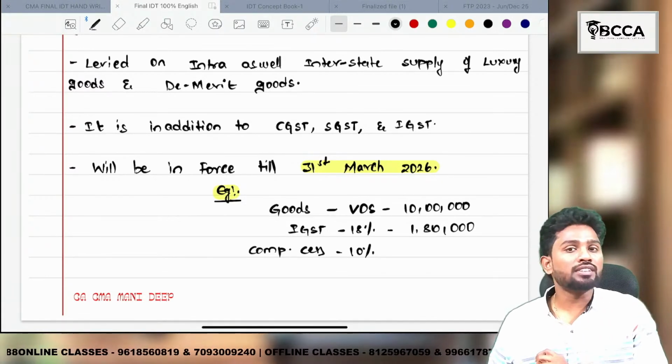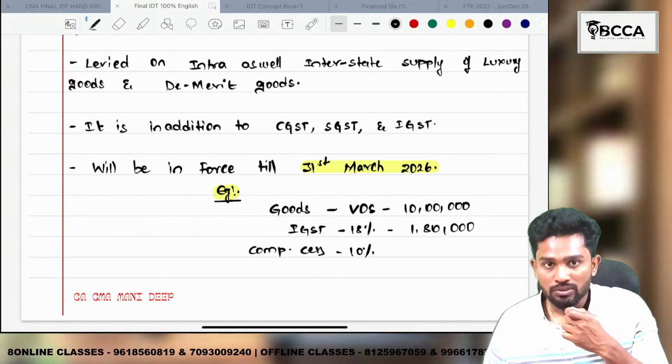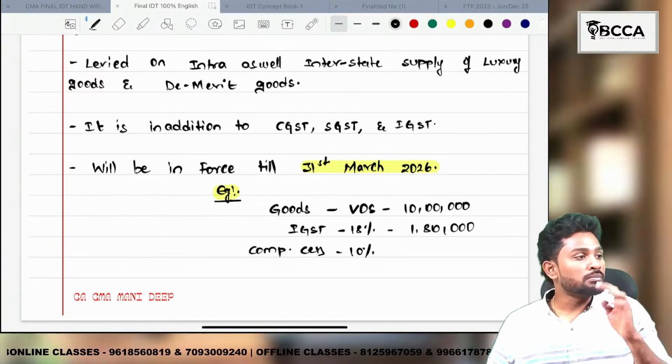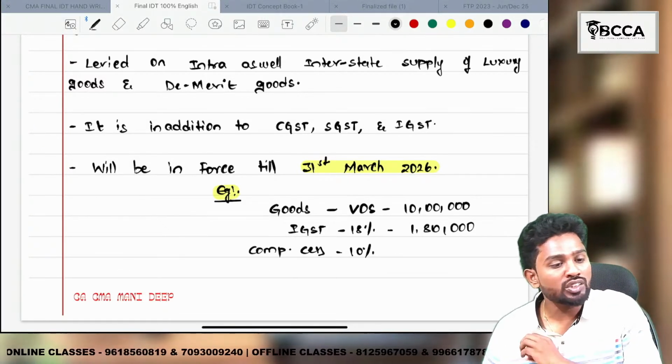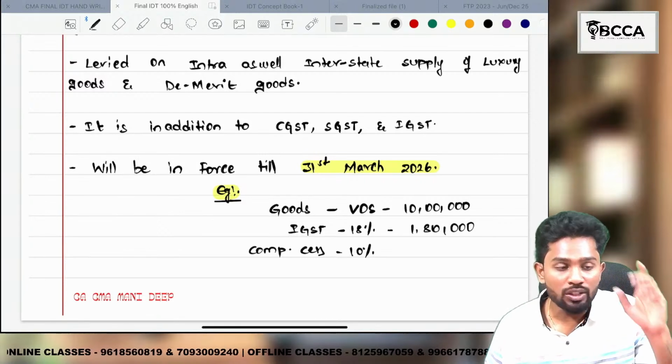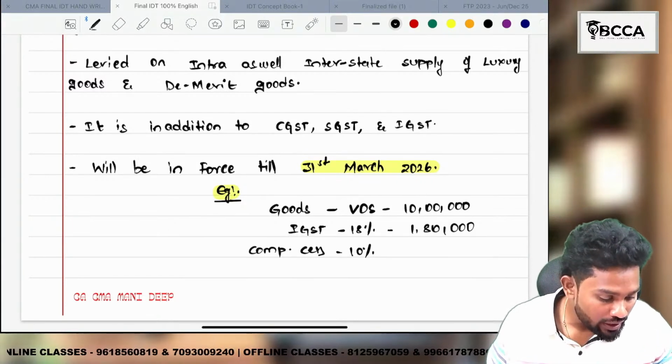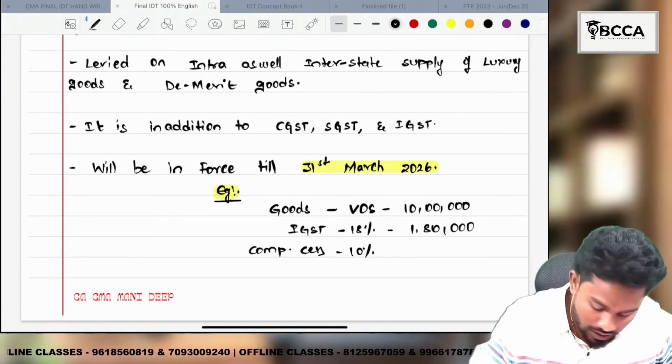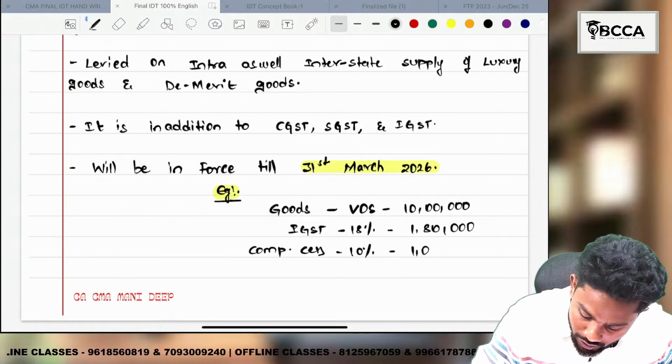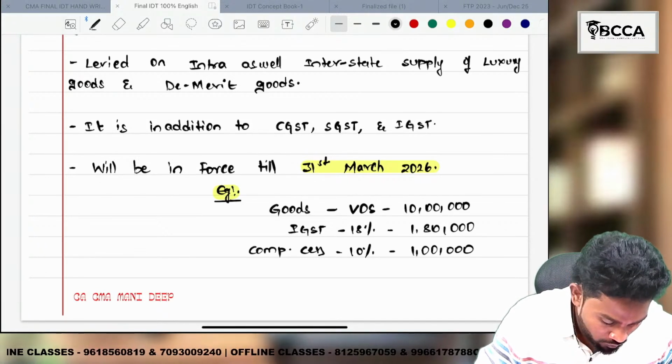Sir, in income tax, the cess will be levied on the tax amount, I mean on 1,80,000. But here in GST, the compensation cess is not levied on the tax amount. It is levied on the value of supply only. So compensation cess at 10 percent is 1 lakh.